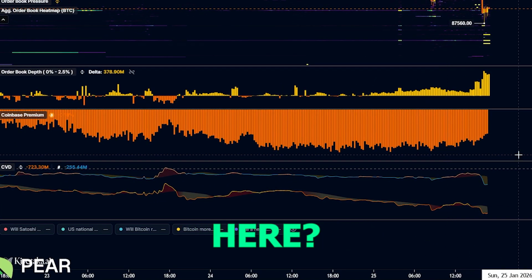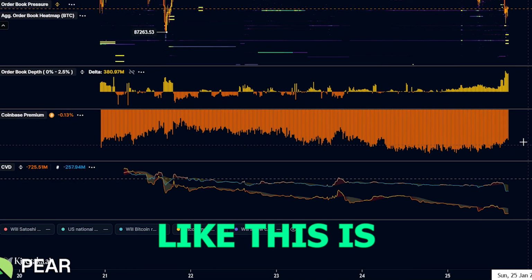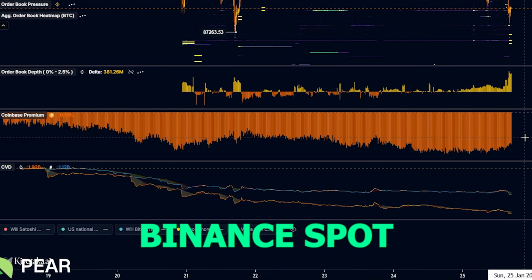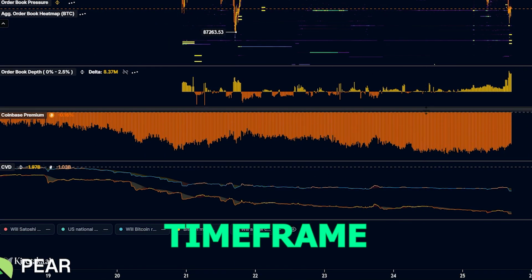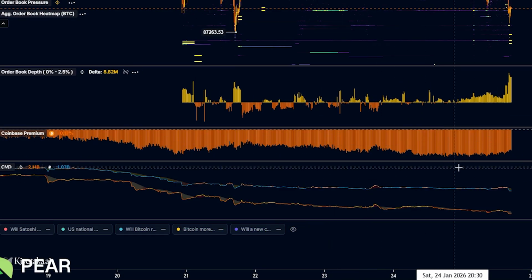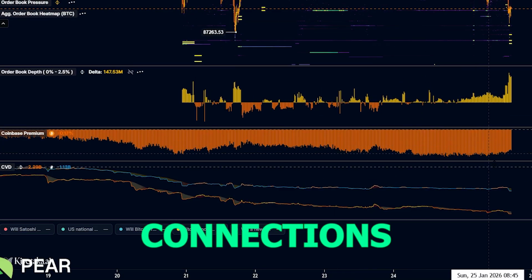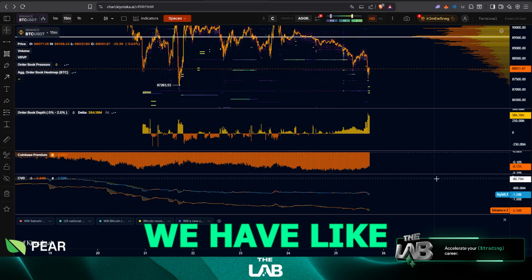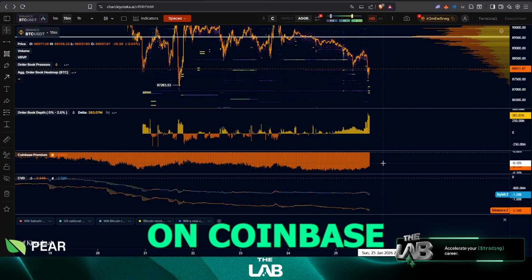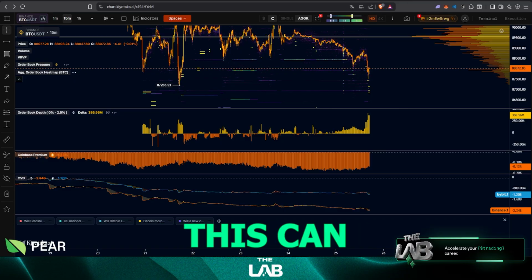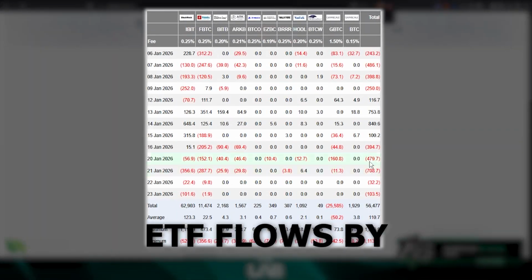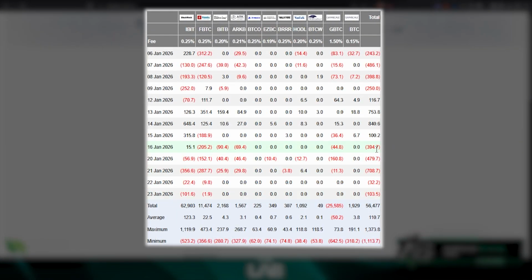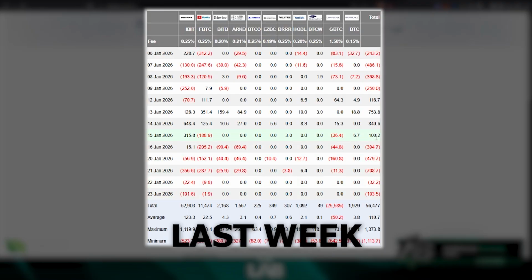What else do you have here? Coinbase Premium, which is Coinbase Spot compared to Binance Spot, more of a higher time frame signal. It often has connections to ETFs buying or selling. As you see, for now we have a discount on Coinbase compared to Binance. This can also be explained if you look at the ETF flows, by those huge outflow numbers we had last week.